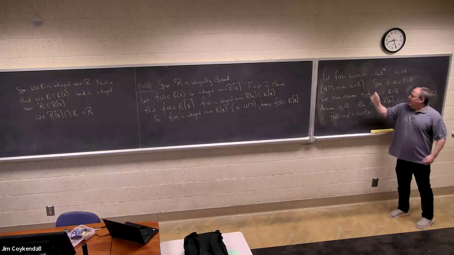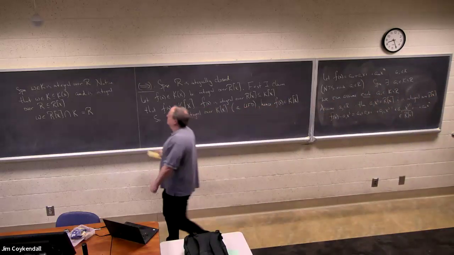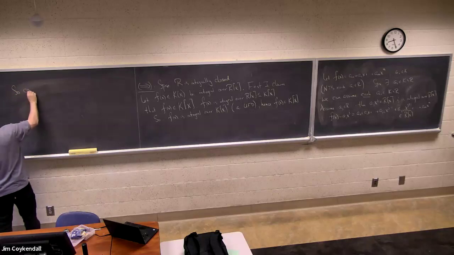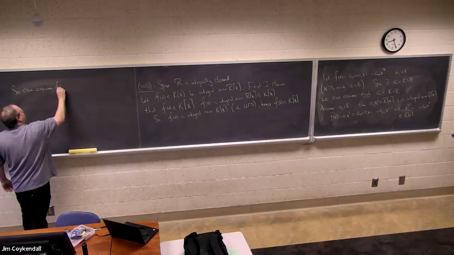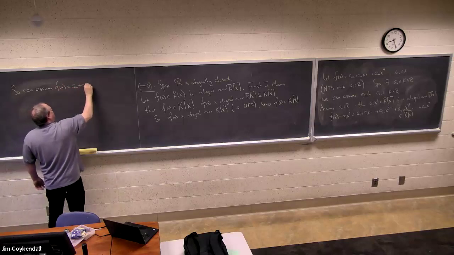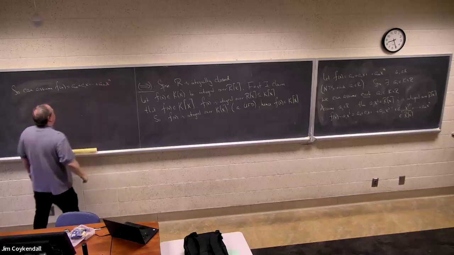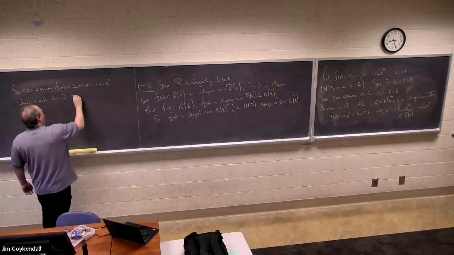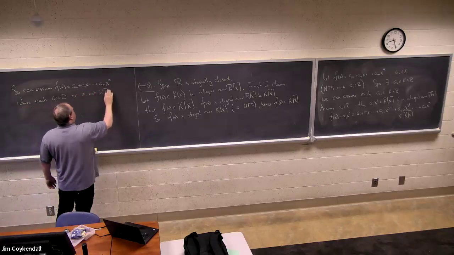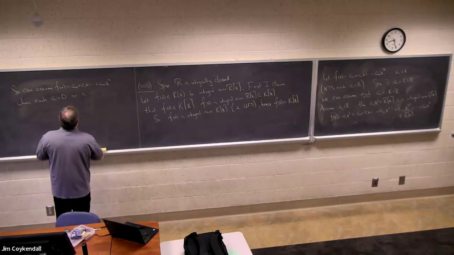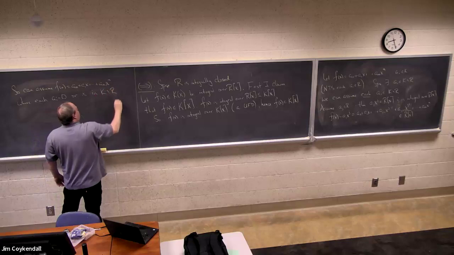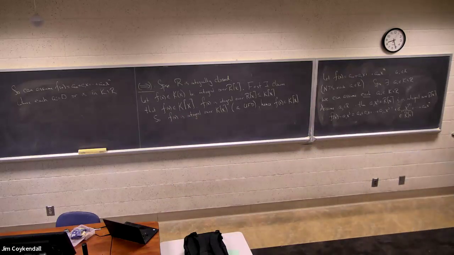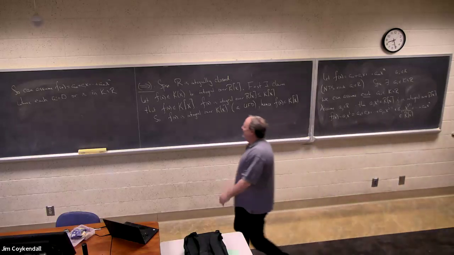So now we've got this polynomial here. For each a_i, it is 0 or is not in R. In fact, let me put it this way: it is 0, or is in K minus R. So we can assume this polynomial, if you look at any of the coefficients, is either 0 or in K minus R, and we will assume that a_n is not 0.